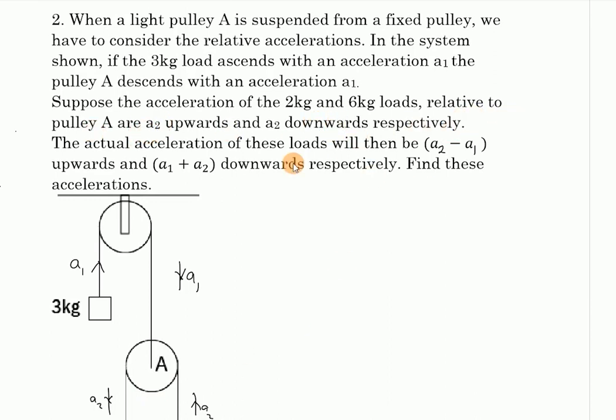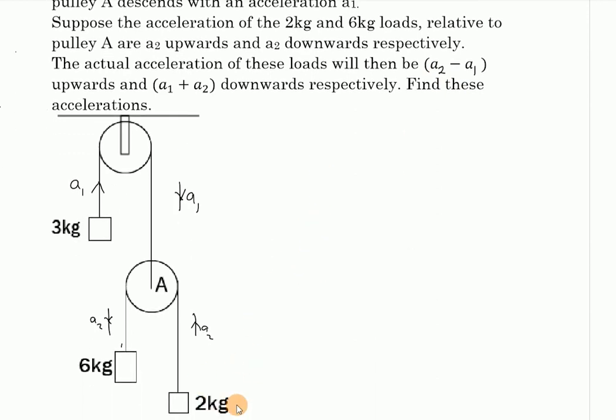Now, how do we have that? The actual acceleration of these loads will then be, this one is A2 minus A1. In your document, the one you got from Telegram channel, it was indicating A1 minus A2. That one is not okay. You write A2 minus A1. And so this one will be moving upwards, but its acceleration will be A2 minus A1.